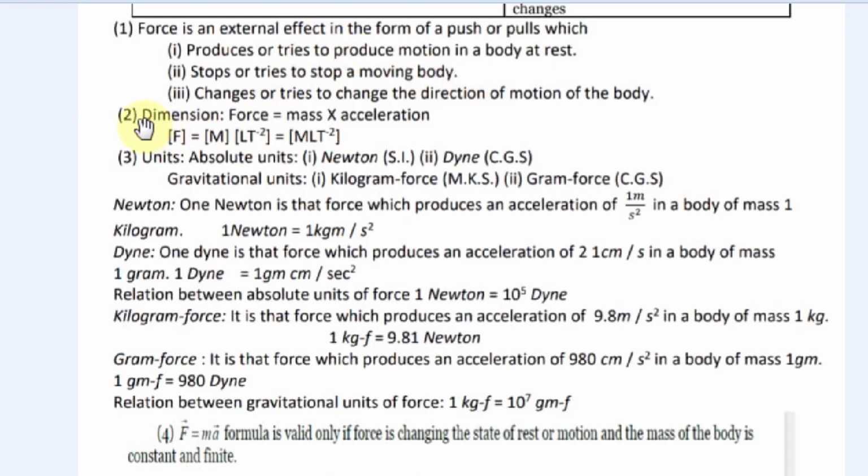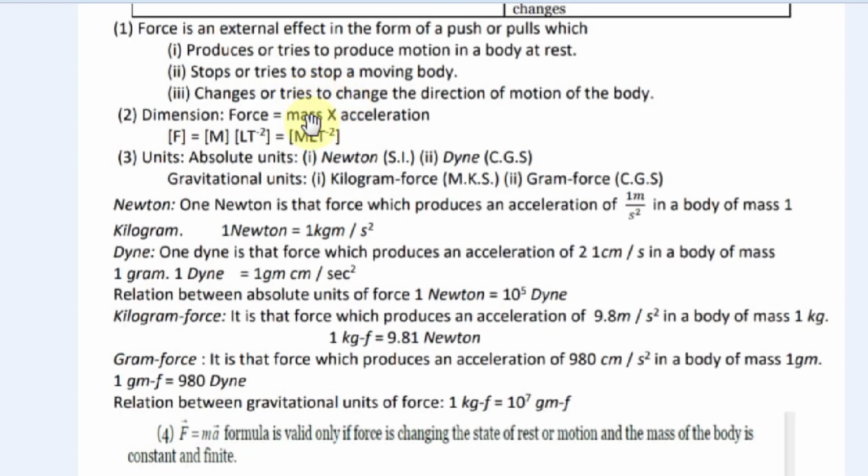Next, second point is dimensional formula. Children, we already discussed in the last chapter how to find the dimensional formula. So we have a formula: force equals mass into acceleration, F equals ma. This formula is the mathematical form of Newton's second law of motion.